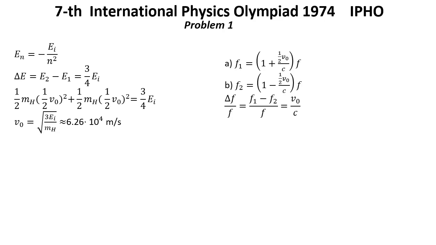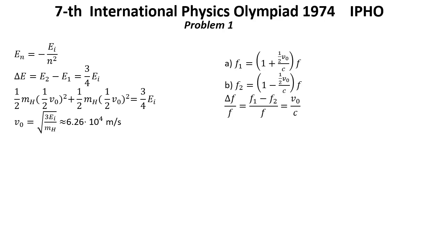In the above solution, we took into account that v0 is much less than the speed of light c. Otherwise, it would be necessary to use the relativistic formula for the Doppler effect. Also, we neglected the recoil of atoms in the emission process.